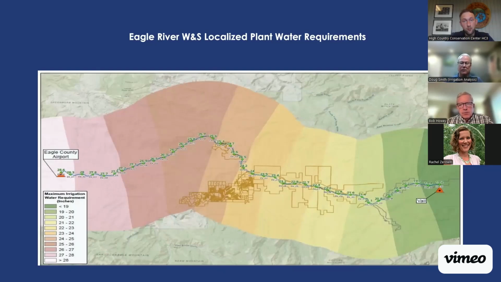When you're looking at the Front Range, it's not quite that drastic. If you go from Colorado Springs all the way up to Fort Collins, it's similar along the Front Range. But when you get into valleys like this, every 5 miles makes a big difference in that ET and the water use requirement for sure.